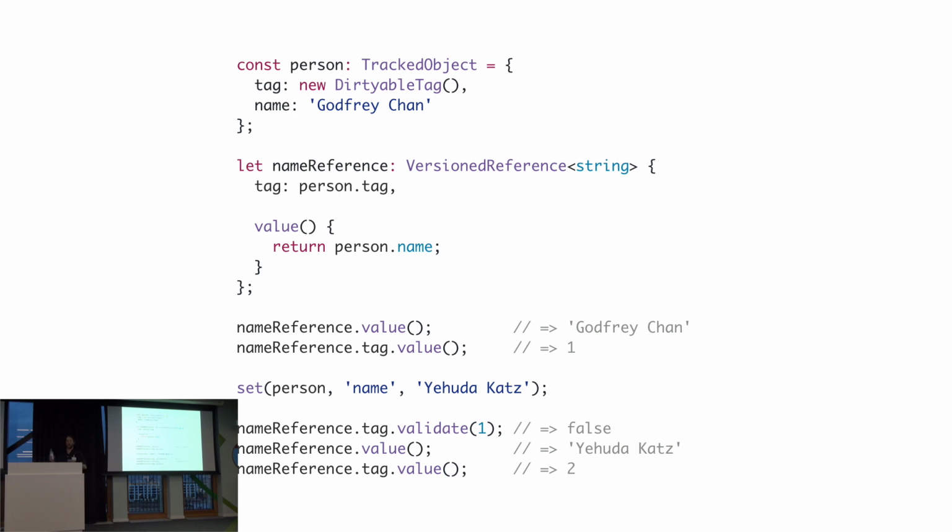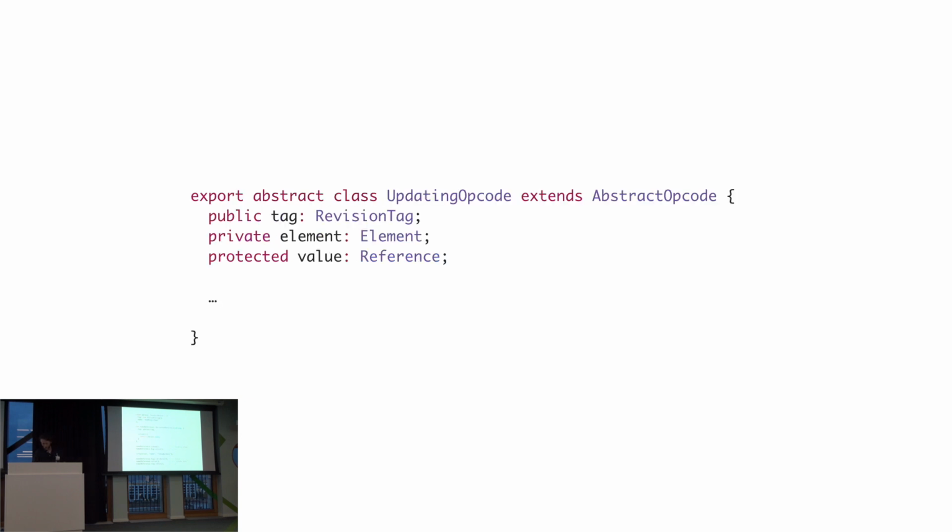So the main takeaway here is that with that reference and tagging system, we can now validate freshness of anything by just comparing two integers, which is pretty fast. So here's some pseudocode again for an update opcode. The opcode somehow holds the value, which is a reference, and knows the tag and knows the element. So whenever the opcode is executed, it would just validate its tag.